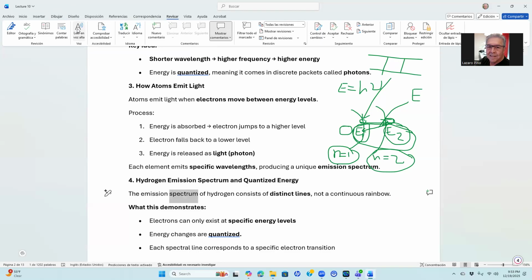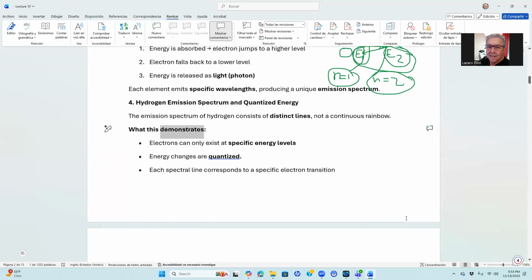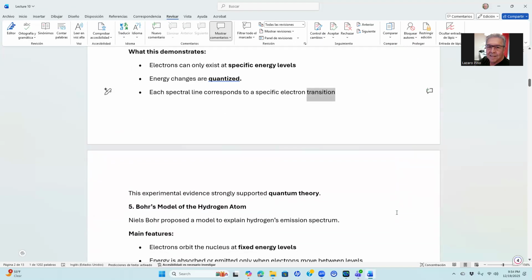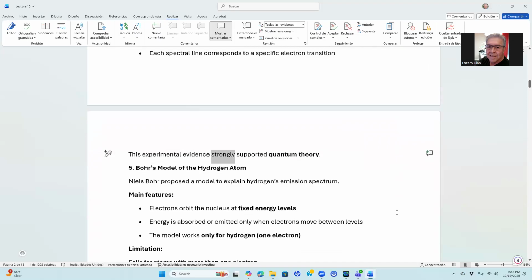The emission spectrum of hydrogen consists of distinct lines, not a continuous rainbow. What this demonstrates: electrons can only exist at specific energy levels. Energy changes are quantized. Each spectral line corresponds to a specific electron transition. This experimental evidence strongly supported quantum theory.